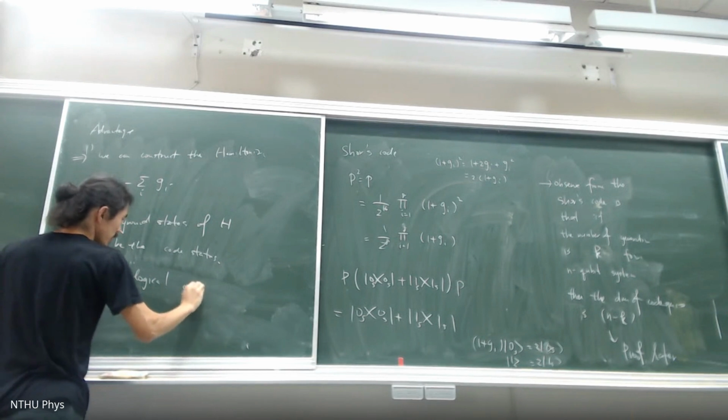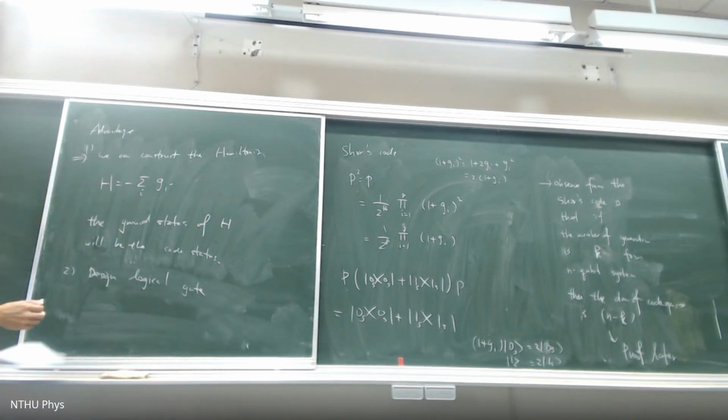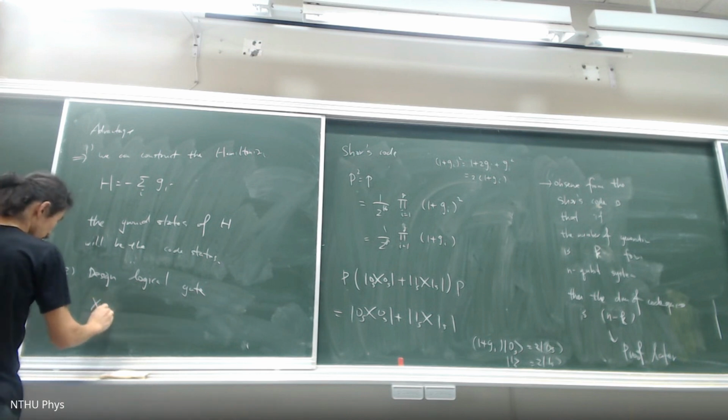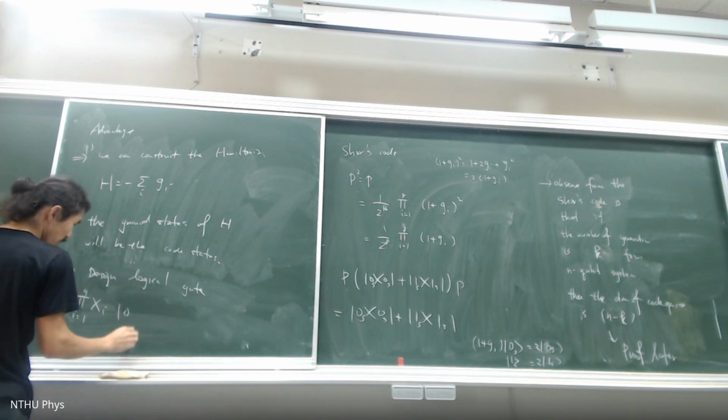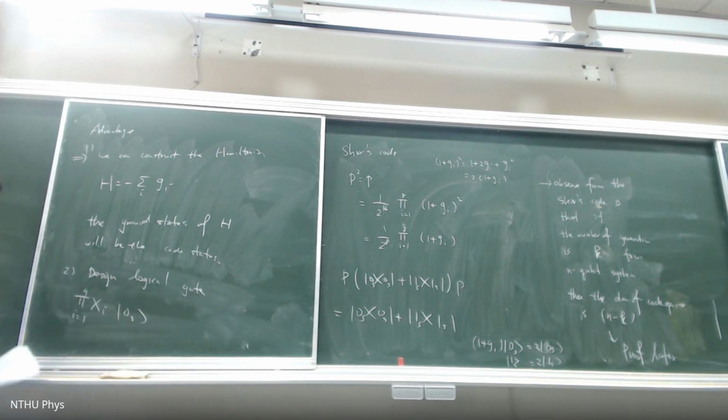So for example, we have 0 and 1, consider this, and then we can ask how it acts on this one. As you know, this does the flip, 0 to 1, 1 to 0. So it will flip the plus to minus, minus to plus, right?